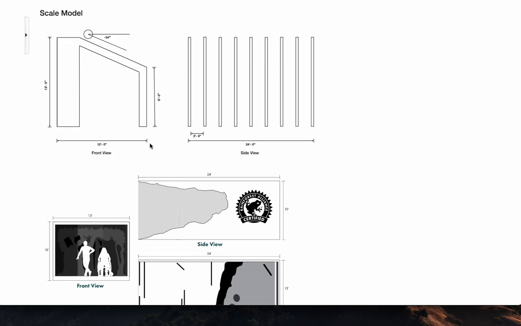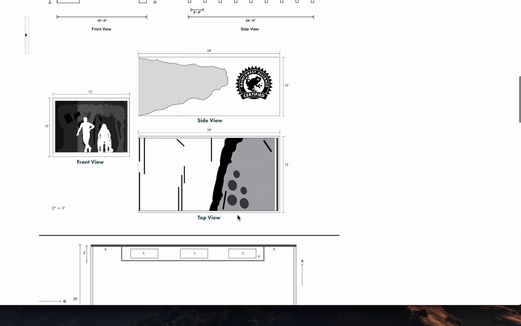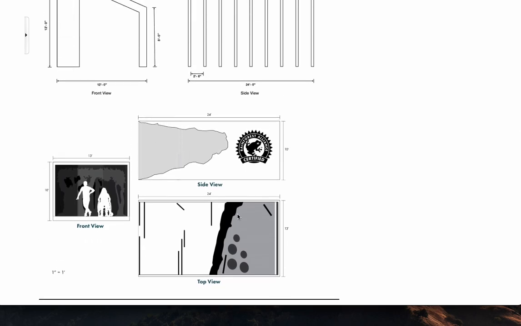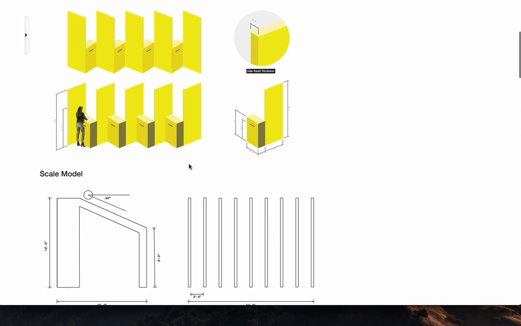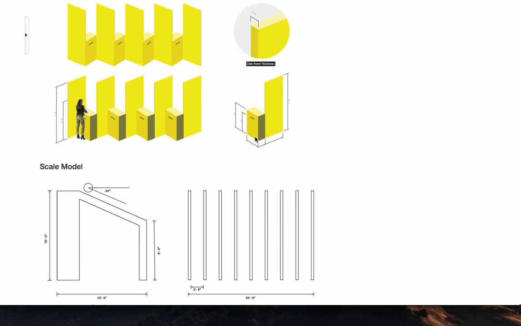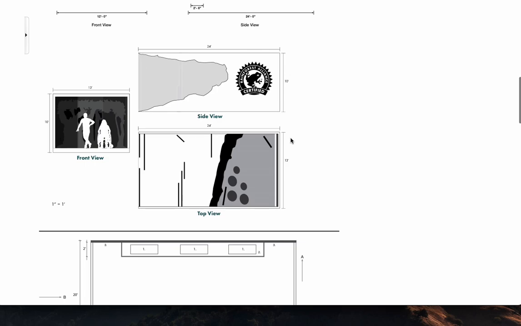We call this elevation: front view, side view, top view, because this is not the isometric angled view. I mean, some students did the isometric view, but it definitely shows the width and height and depth and all that measurement.